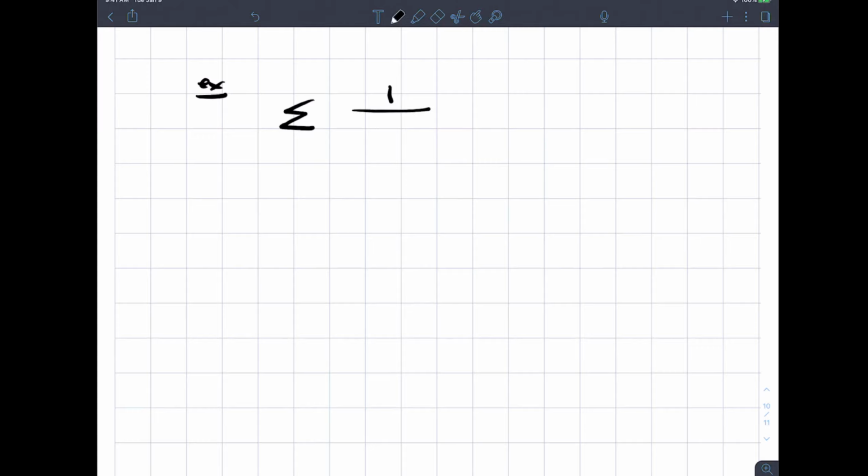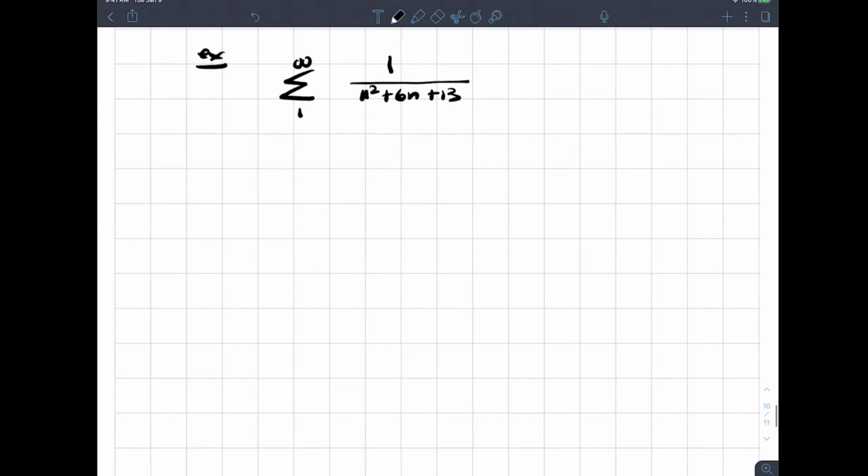1 over... all right. So again, this is not going to be a geometric series, and you might say, okay, I'm going to have to do some integral tests. Remember, this is rational where the denominator is getting bigger, so the fraction is getting smaller.